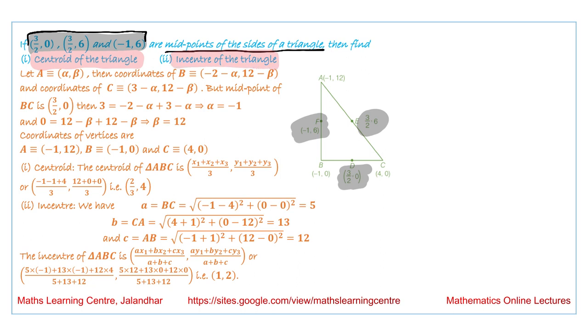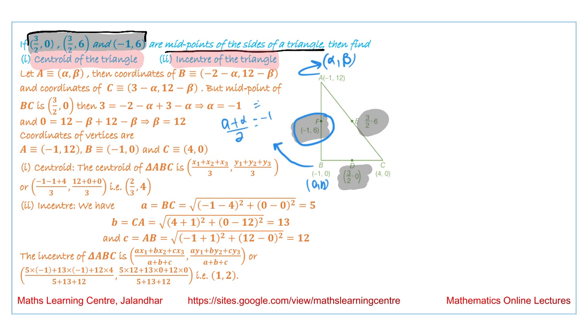So if we consider that the coordinates of this point A are (alpha, beta), and this is the midpoint over here, we have to calculate the coordinates of the point B. Say the coordinates of this point B are (a, b), then we will have (a plus alpha) by 2 equal to minus 1.